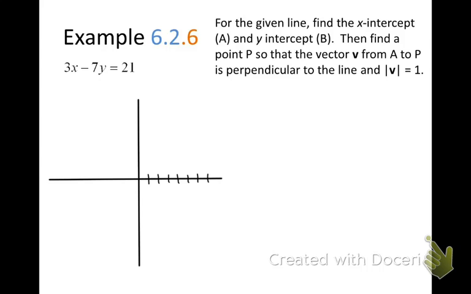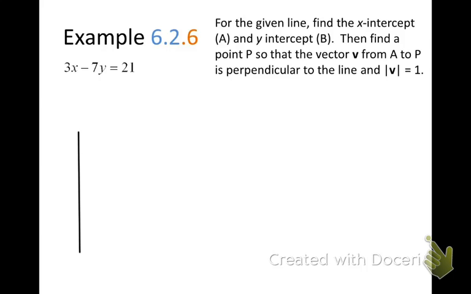And actually, do I need to have that much of the graph showing? What is going to be my x-intercept? 7, and my y-intercept is going to be -3, right? So I probably don't need to be drawing my graph that far over. I can probably draw it more this way.